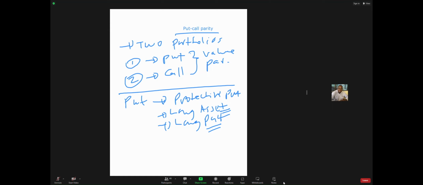That's why we call this one a protective put, because the put is actually protected against default. You can have the right to sell, but when the contract matures, you don't have the underlying asset to sell. You fail to deliver.